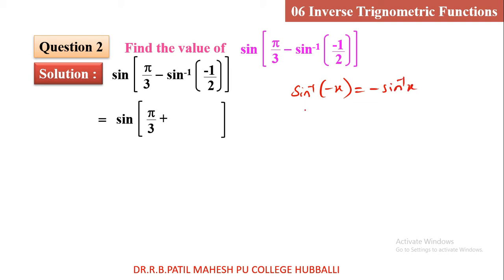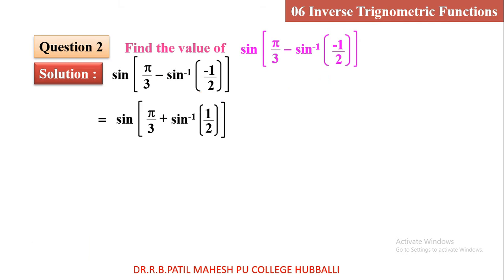So here we have sine inverse of minus 1 by 2. This can be written as minus sine inverse 1 by 2. So this minus and this minus will be together, plus we are getting. So that's why I am writing plus directly. Next, sine inverse 1 by 2 as it is.